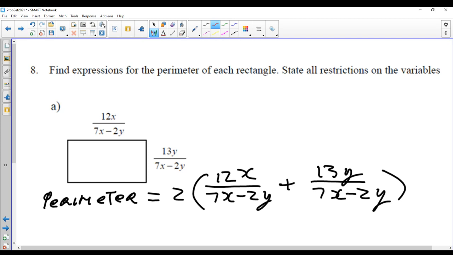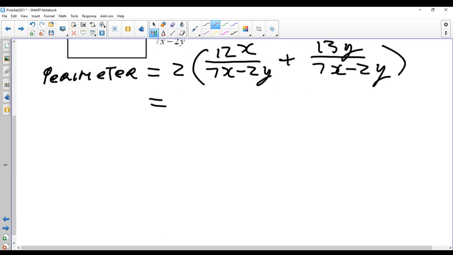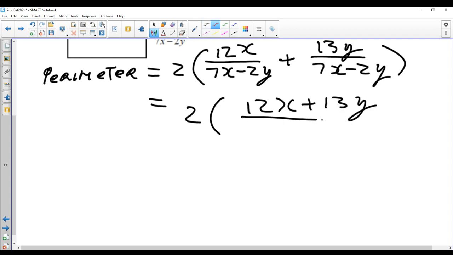Just what we did a few minutes ago was adding fractions together, but we had to find a common denominator. Absolutely. Since we already had a common denominator, we're just adding the two numerators together. So it's 2 times 12x plus 13y all over 7x minus 2y.